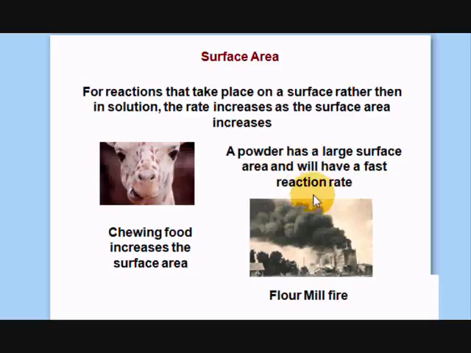In a mill, you've got a buildup of charge with the grain. When it's ground down, it becomes very small dust particles, and so you've got a greater surface area, and in this case, if the charge isn't controlled, you can end up with an explosive mill fire.